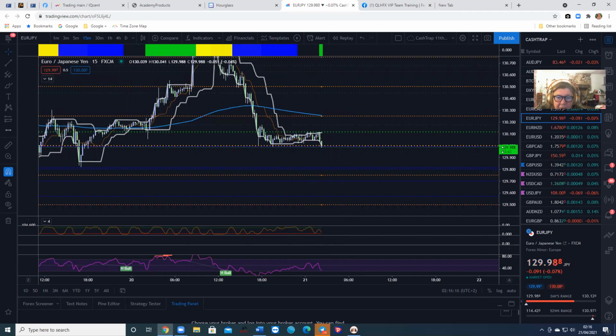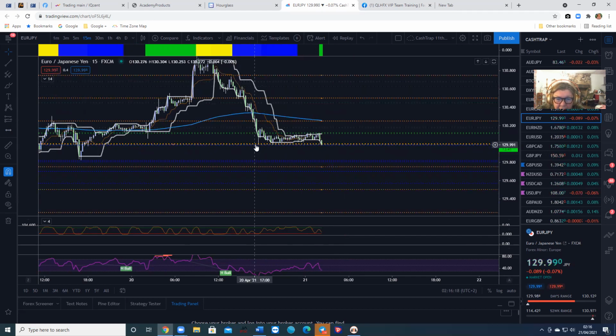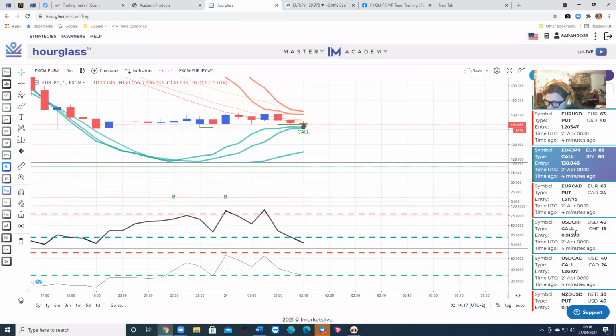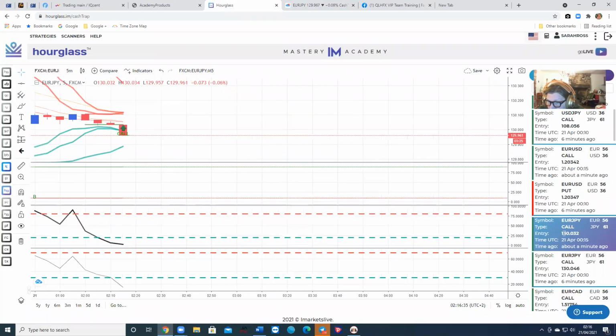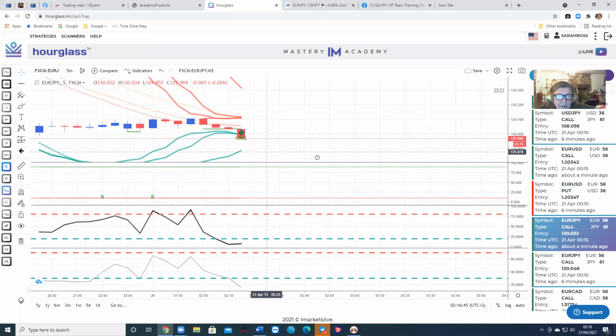So it's still selling off very heavily. Now it has used this line before as a line of support, as you saw from when I started the session, but very strong movement down. And on HourGlass, it did give us a call again at 130032, but it has gone down because price likes to use those heavy levels of support and resistance, particularly the quarter point.